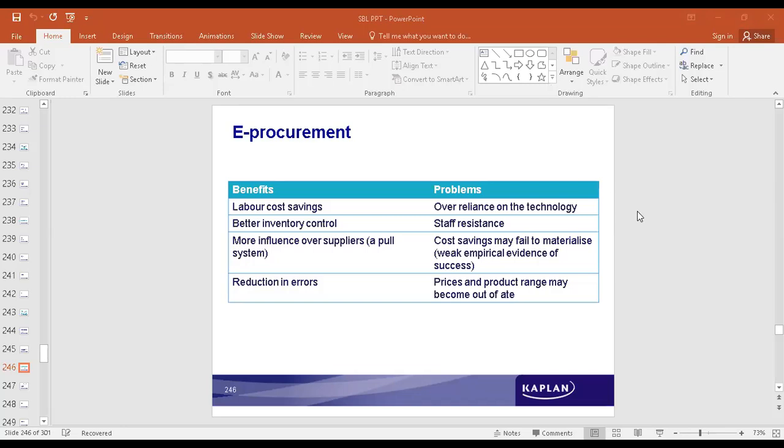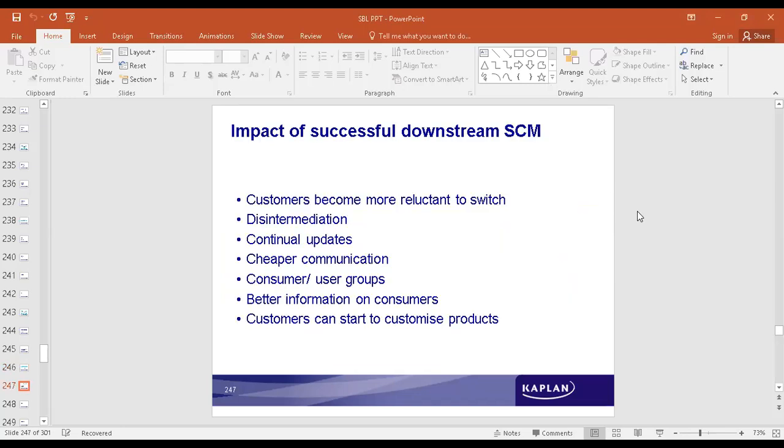After that, the impact of technology on successful downstream supply chain management. There are advantages like middlemen can be eliminated, continuous updates, cheaper communication, user groups can be formed, better information, because people of late depend too much on reviews before they make any purchase.